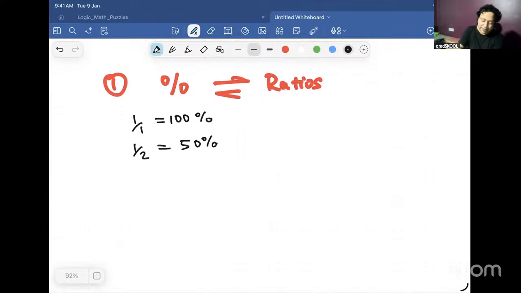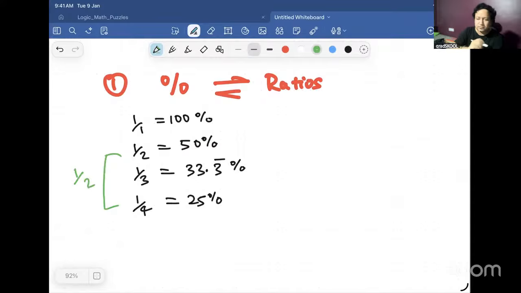Half is 50%. Then we have 1 by 3. This will be equal to 33.33%. In fact, the 3 keeps on repeating, so I'll put a bar over it. This bar basically means that 3 keeps on repeating. 1 by 4 is 25%. By the way, I also want you to see a pattern here. 1 by 4 is half of 1 by 2.